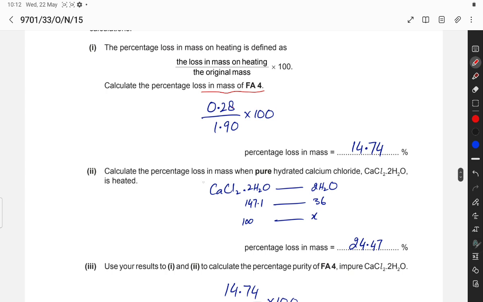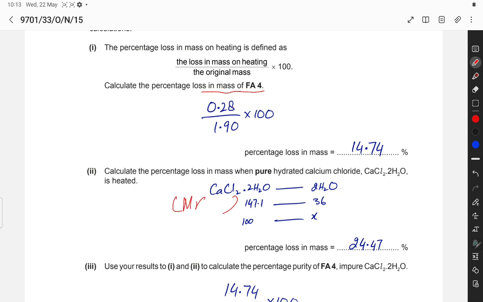Calculate the percentage loss in mass when pure hydrated calcium chloride is heated. So this calcium chloride is heated to lose two water molecules, so it means 147.1 gram. So we know that 147.1 is the Mr of calcium chloride.